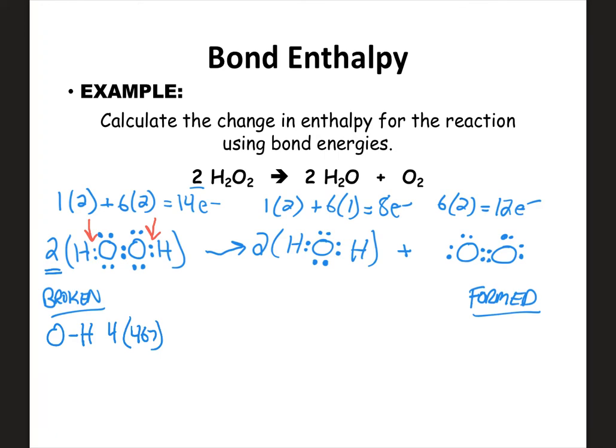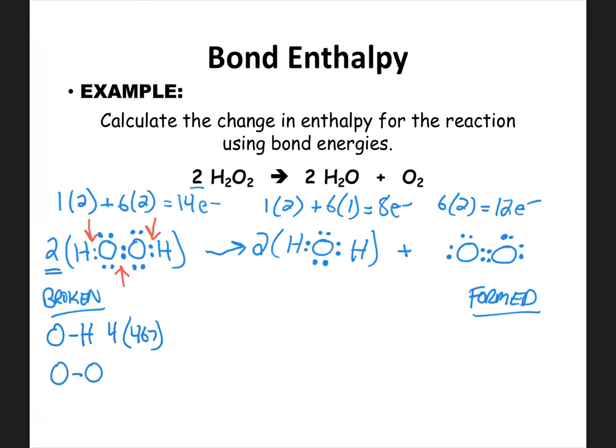All right, do you see any other bonds here on the left side that need to be broken? So if you're looking closely here, you can see there's an OO single bond that needs to be broken. Okay, that's the other bond here that's on the left side. So it's an OO single.